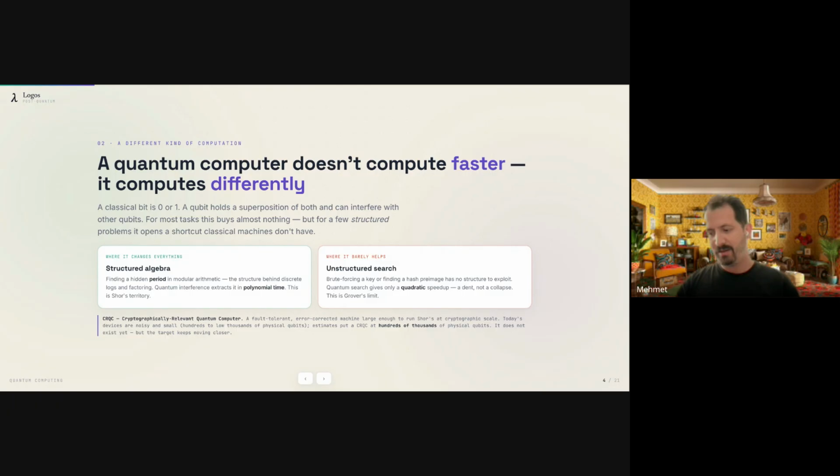For example, even if you want to send an Instagram post, a classical computer is probably more efficient than a quantum computer. You don't need a quantum computer to send this post, but for some specific problems, a quantum computer can do efficient calculations. For that, we have some problems for asymmetric cryptography.